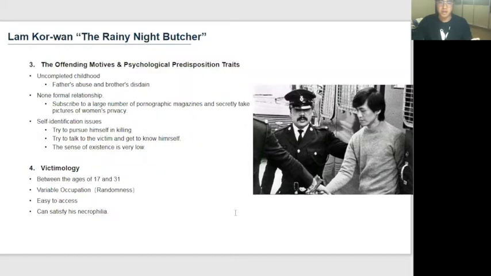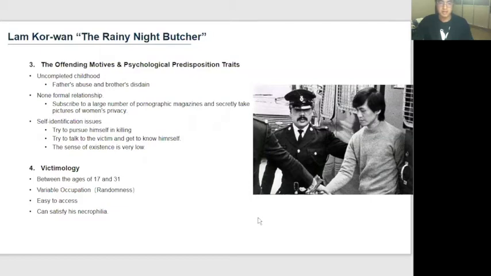Lam became a negative and shy person who found it hard to make friends, not to mention have formal relationships with females. So he subscribed to a large number of pornography magazines and even secretly took pictures of women's privacies in public toilets, twisting him into a psychopath.